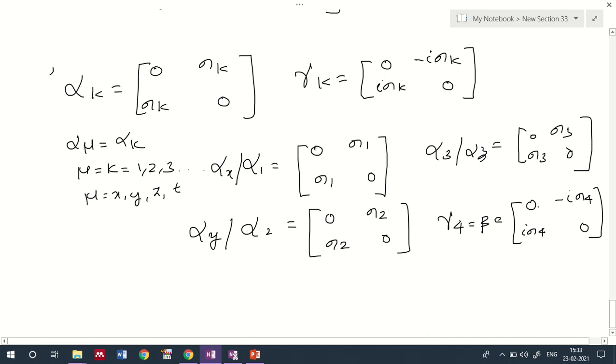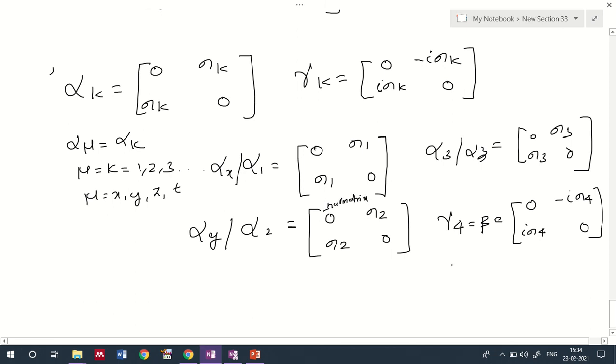So we'll have these forms corresponding to that. Here sigma 1, sigma 2, sigma 3 are the Pauli spin matrices, which act as 2 by 2 matrices placed here. The 0 represents a 2 by 2 null matrix, so it's not simply a 0, it's a null matrix.